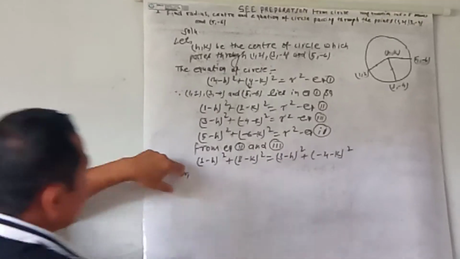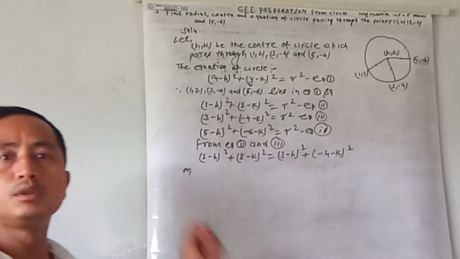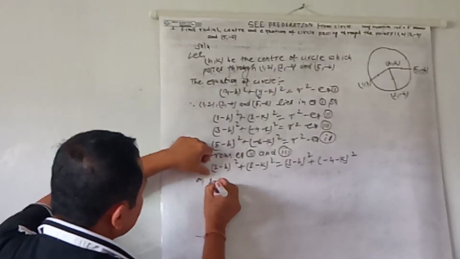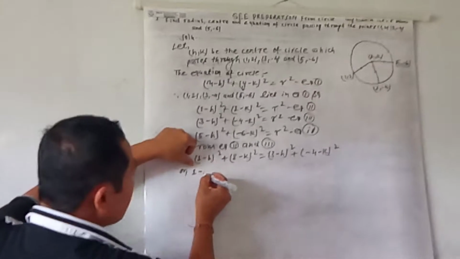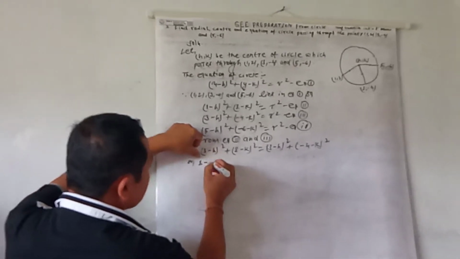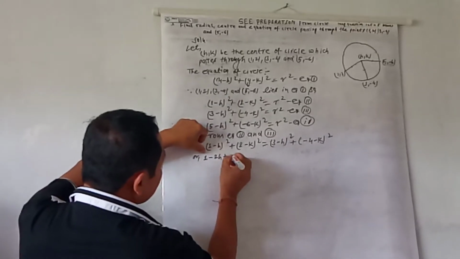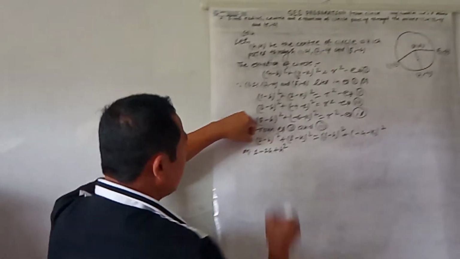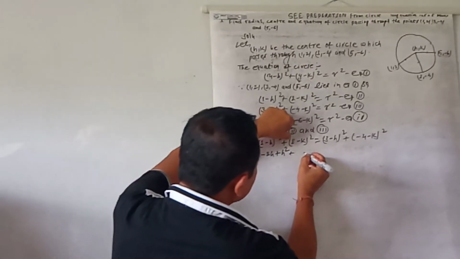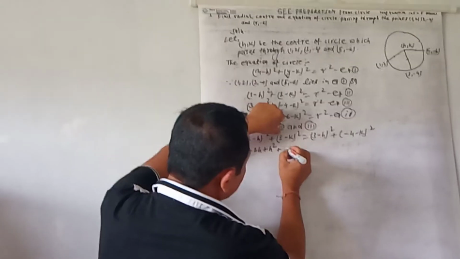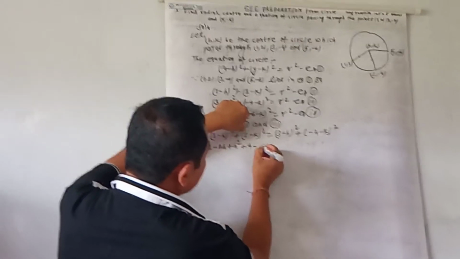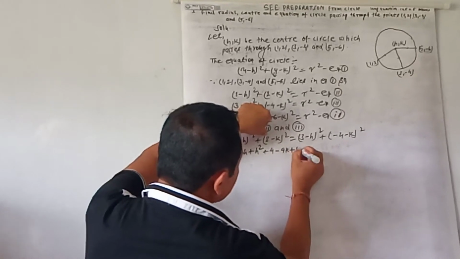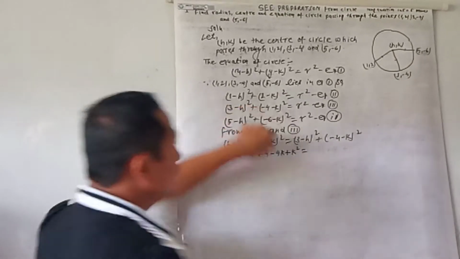Using the (a minus b) whole square formula, 1 square means 1 minus 2h plus h square. Similarly, (2 minus k) whole square is 4 minus 4k plus k square.